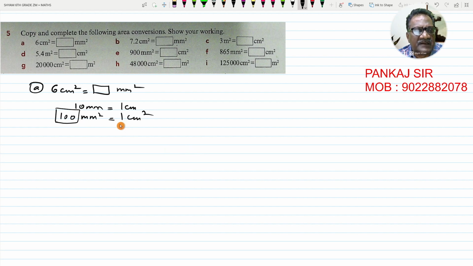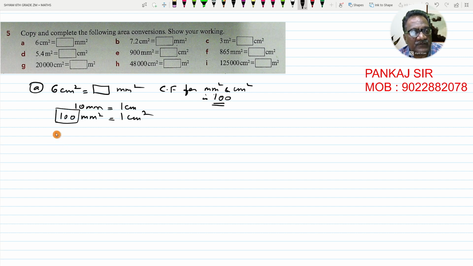Now, if I want to convert anything from centimeter squared to millimeter squared or millimeter squared to centimeter squared, I can make use of this conversion factor. So it is decided that the conversion factor, I'll write CF, for the pair of millimeter squared and centimeter squared is 100.